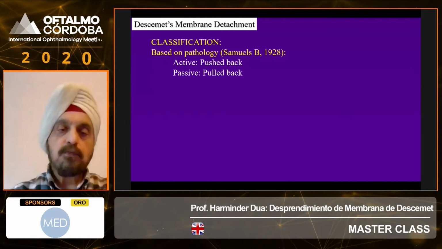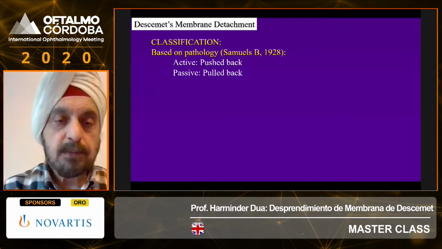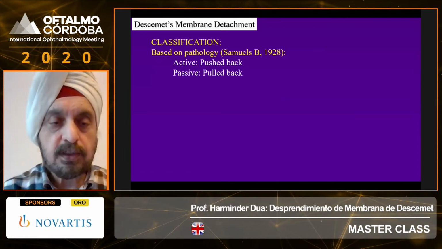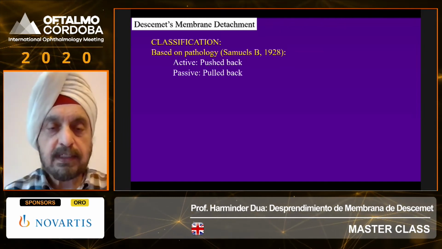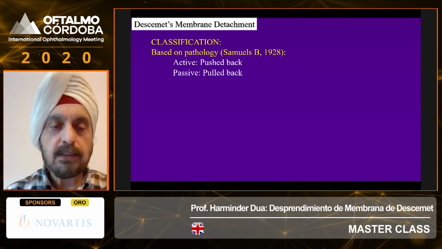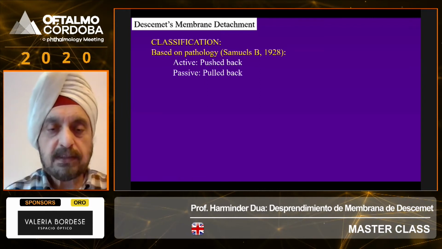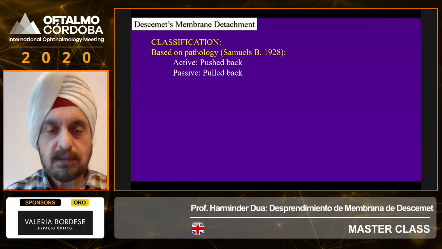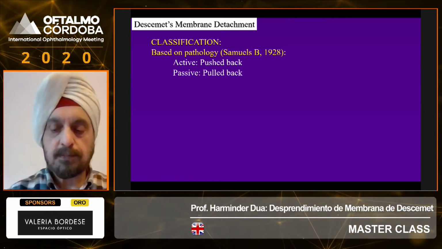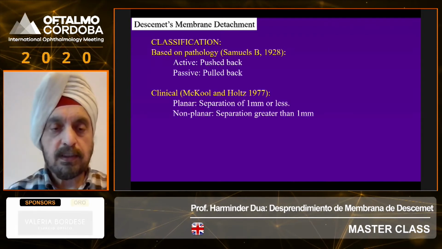Now, if you look at what we know already about Descemet's membrane detachment and its classification, they say it's active when it is pushed back into the anterior chamber, or it can be passive if there's scarring in the anterior chamber and something is pulling the Descemet's membrane away from the cornea.